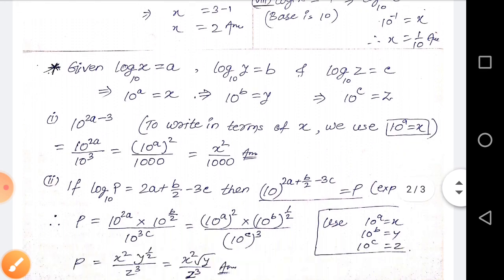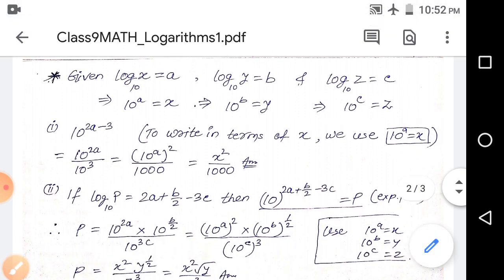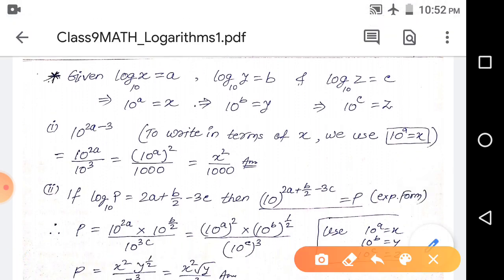Now see this, we have the given condition here, log base 10 of x equal to a, and one more condition is given here. See first this log base 10 of x equal to a. So 10 to the power a equals x.